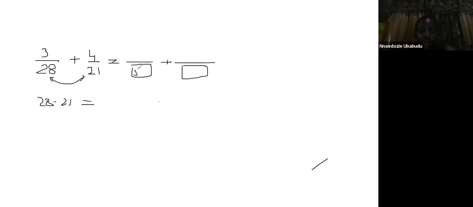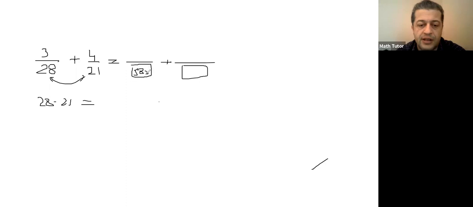We can write here 588. It is not a problem, but the problem here is that this is a big number, and it is better to try to find a number that is smaller than this, because if we make operations with big numbers, we have difficulty in finding the result.